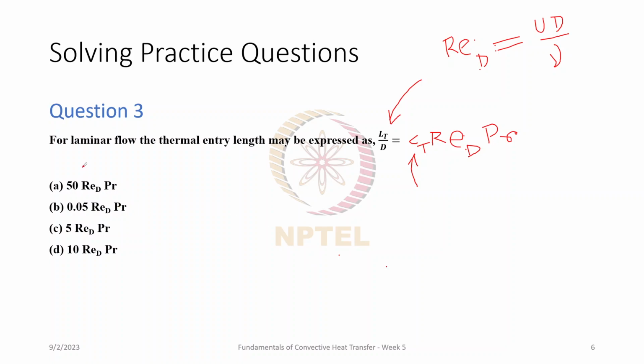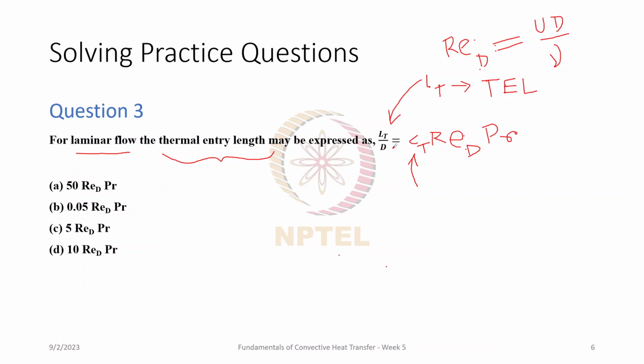So this is for laminar flow. What is the thermal entry length given as? This LT is the thermal entry length, and D is the diameter of the duct.